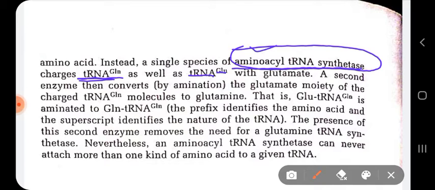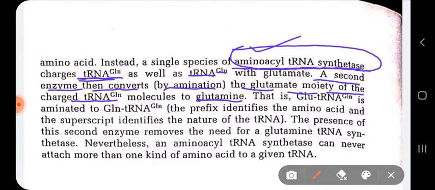So here only one amino acyl tRNA synthetase, which charges tRNA with glutamate, is also able to attach tRNA with glutamine as well. A second enzyme then converts the glutamate moiety of the charged tRNA molecule to glutamine.